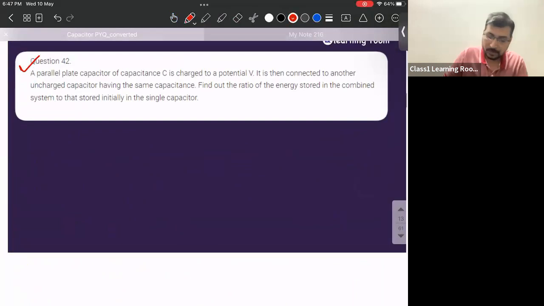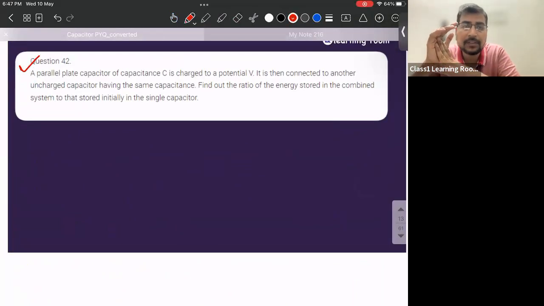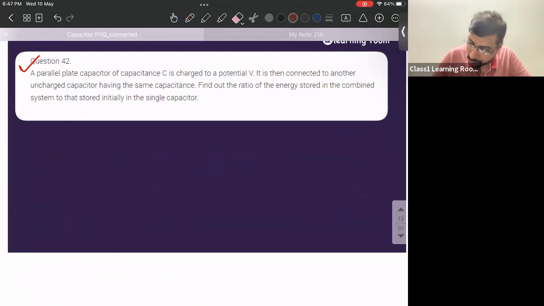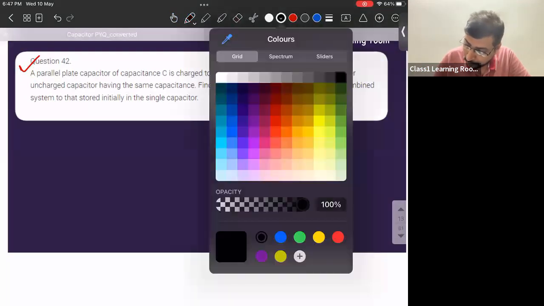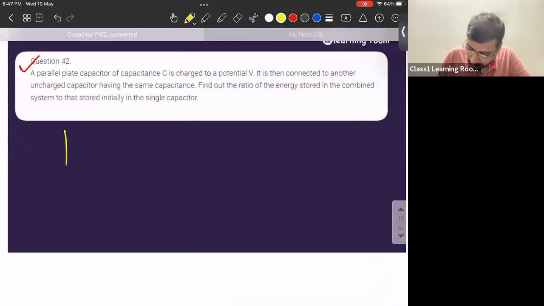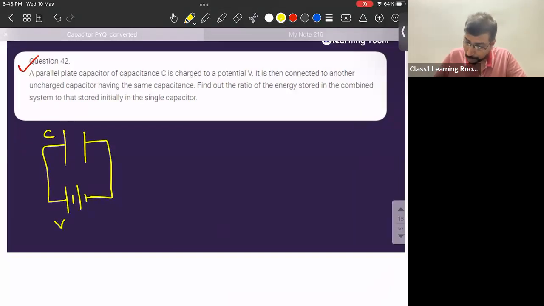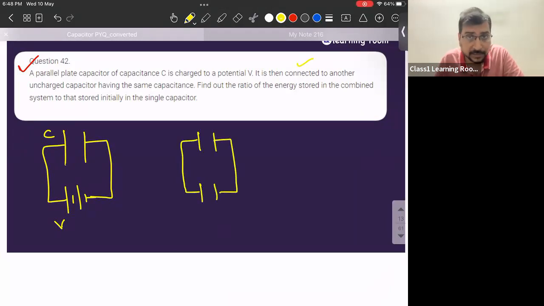Let's see the next problem. There is a parallel plate capacitor of capacitance C, which is charged to a potential V. It is then connected to another uncharged capacitor having the same capacitance.